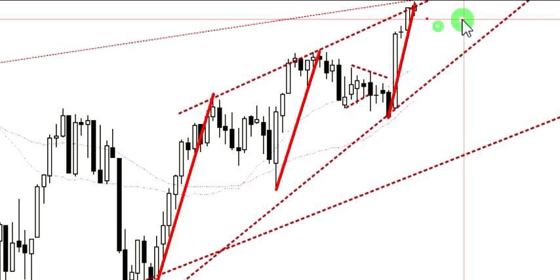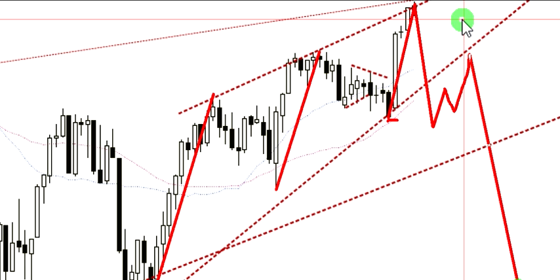Now, the thing about an ending diagonal is typically it'll fall pretty quickly to, say, right there, just below this low here, and then you'll get some sort of retrace back to the underside of this line. And then with this next move, you typically get a retrace all the way back to the start of the pattern, which is the start back here in this cluster. So obviously we don't want to be in this if that happens.